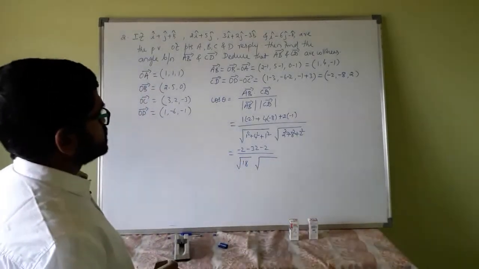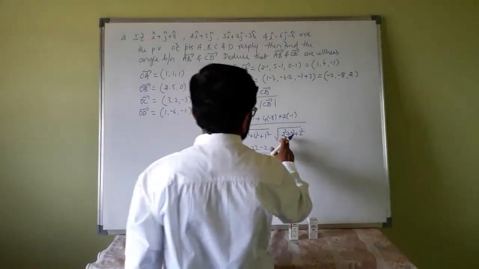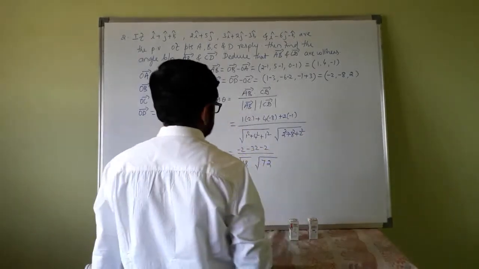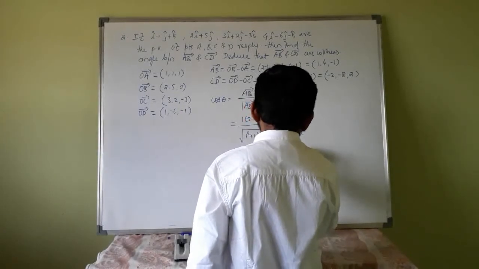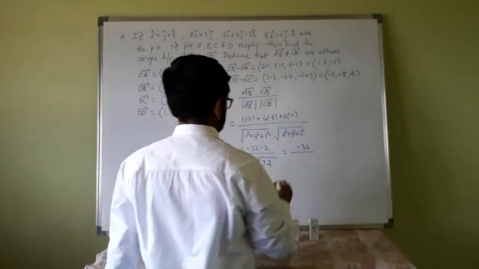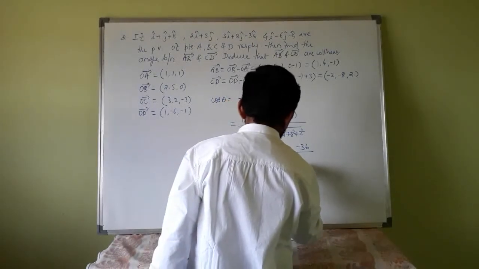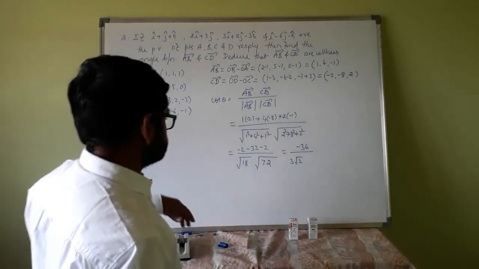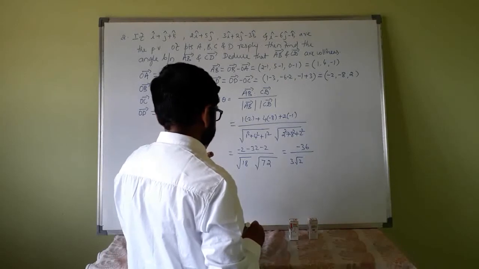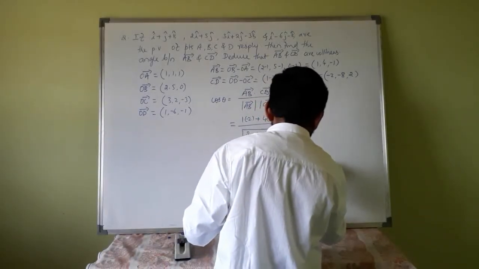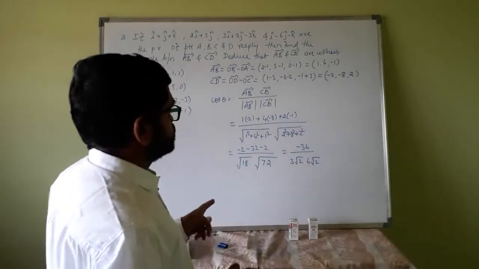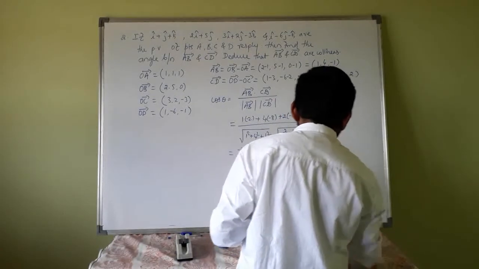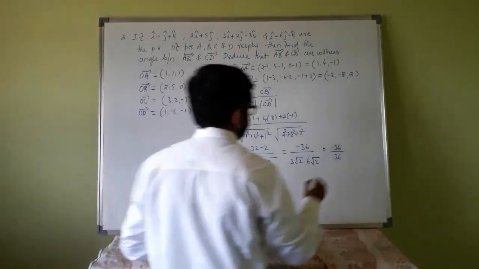That is minus 36 divided by, root 18 is 3 into root 2, and root 72 is 6 into root 2, that is 18 times 2, 36. So minus 36 by 36, or minus 1.